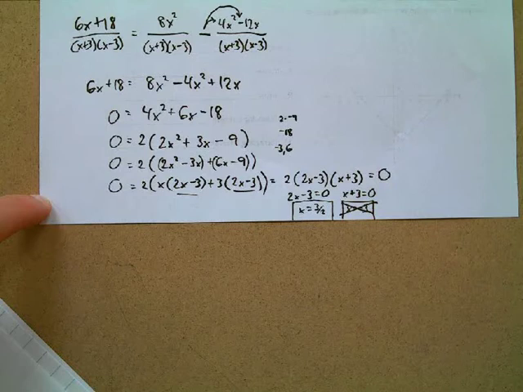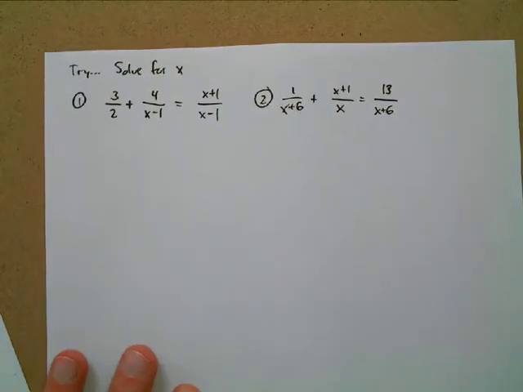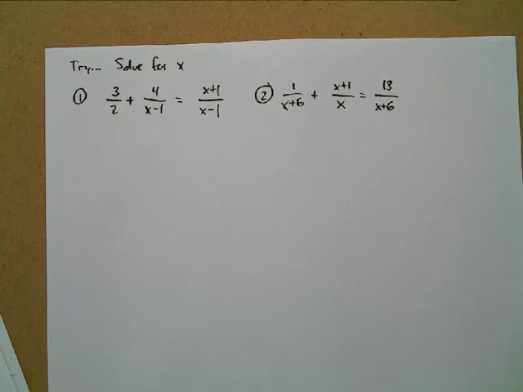If you just want to get a common denominator on one side and then cross multiply, that's your choice. Or if you want to get a common denominator for the entire thing and then drop the denominators, that's another option as well. So go ahead, take a couple minutes, try these 2 problems here. Again, you can use cross multiplication if you want, or you can drop the denominator.